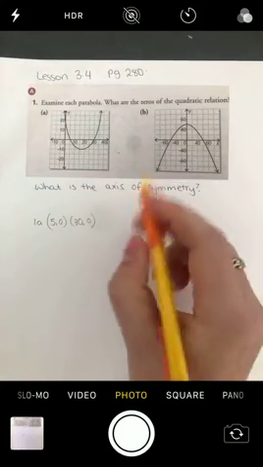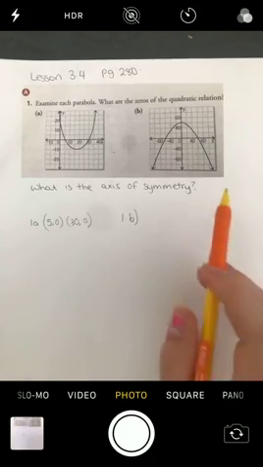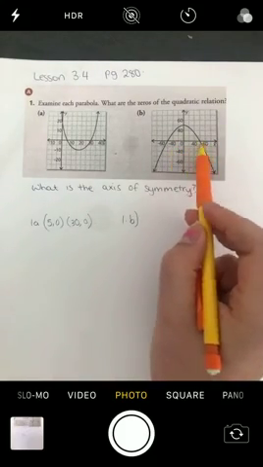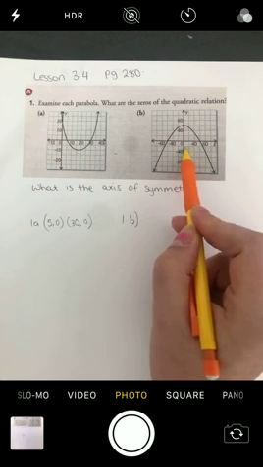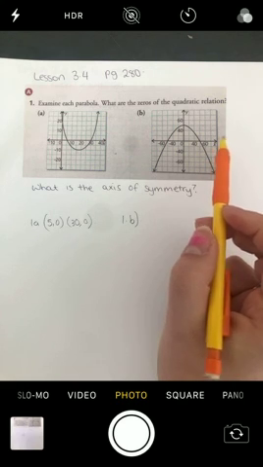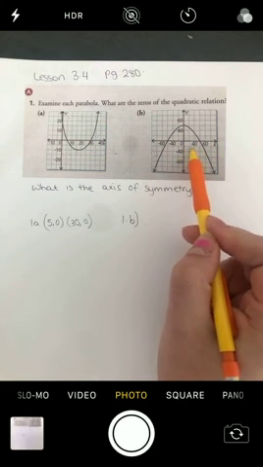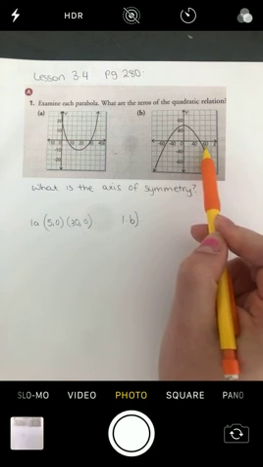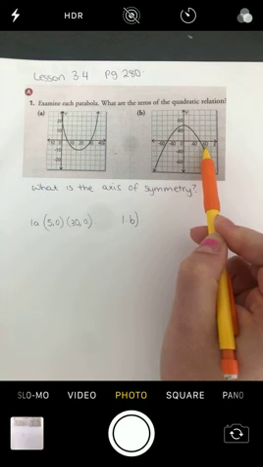Now if we look at 1b, we can read that off again. Our first zero is going to be here, and if we look again at how it is going up, it goes 0, 20, 40, 60.